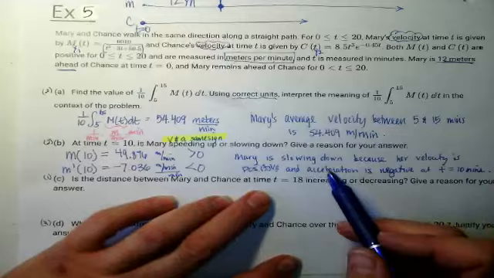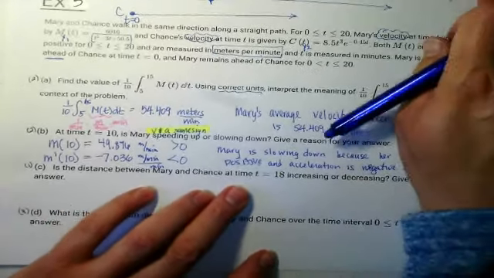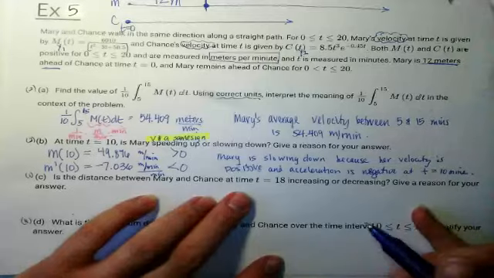You could probably say because her velocity and acceleration have different signs. That's probably good.